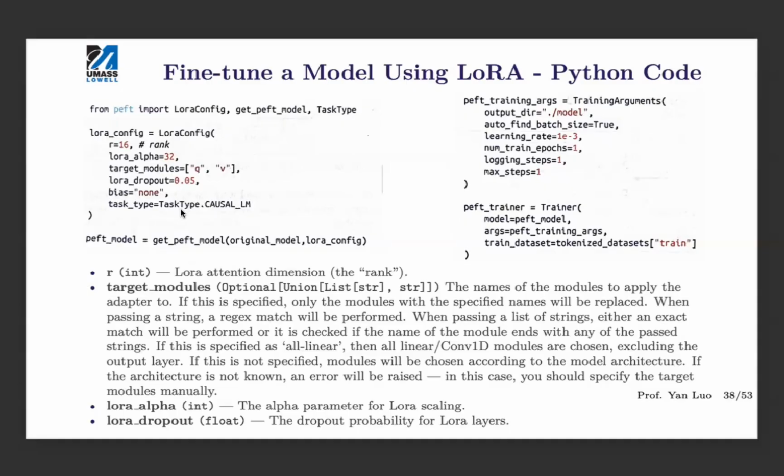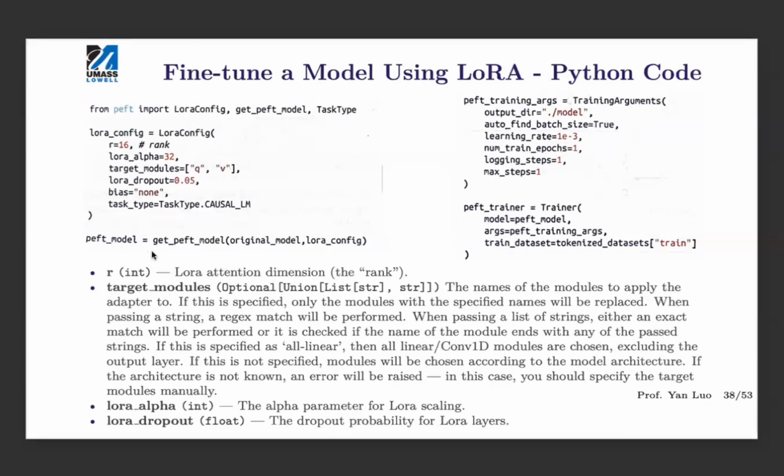The other parameter you often use is task type CAUSAL_LM, because you will mostly use this on these pre-trained large language models. And then once you have this LoRA config set, you will set up the training arguments, which will be passed into a trainer function to actually start the training process.